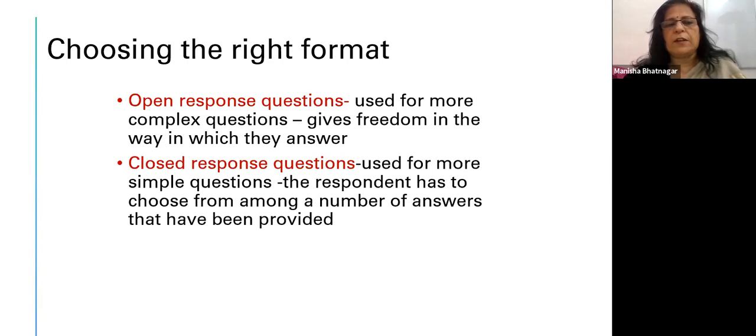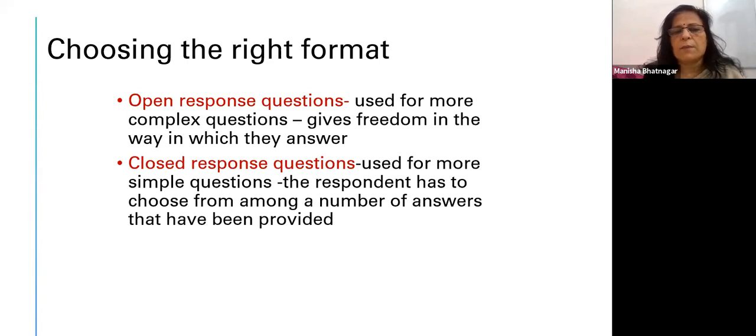It gives a freedom in the way in which they can be answered. It is mostly used for adult and senior management people, or even middle management, who have a number of things to say and explain their actions. And mostly we use the closed response questions, because here you can give choices, and people can choose from the choices.